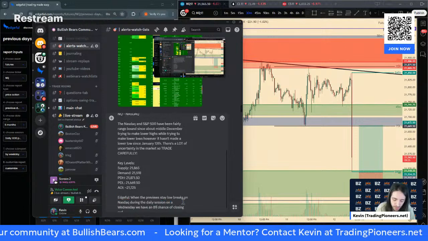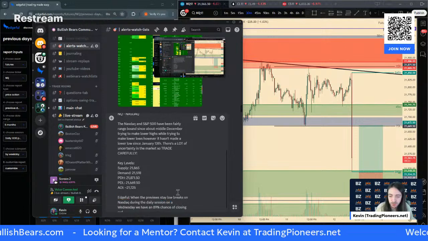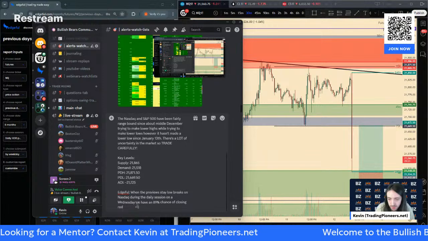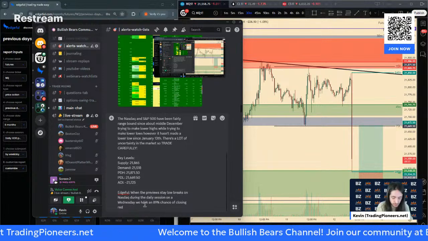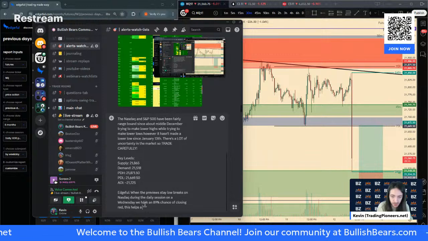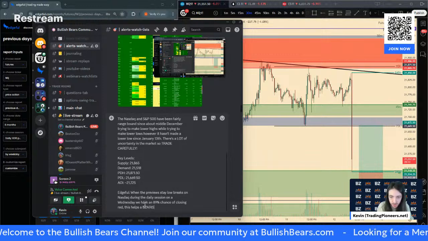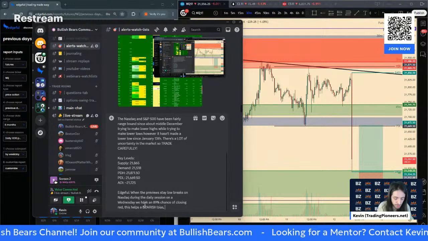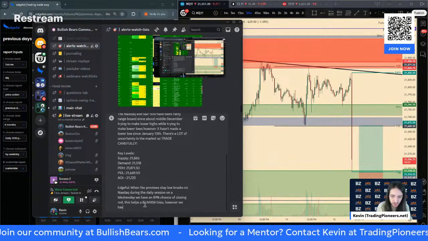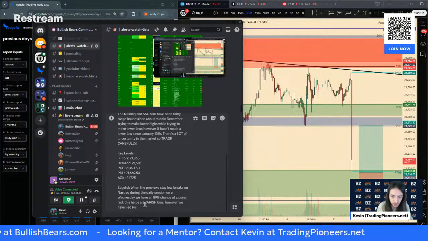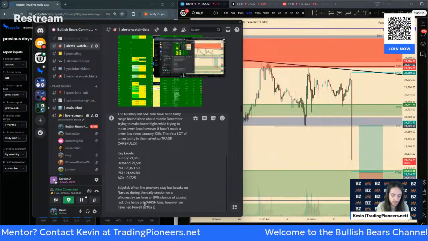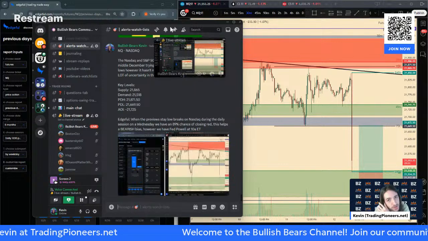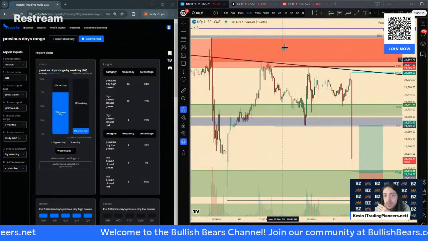Okay, all right, 89% chance of closing red. Beautiful. This helps a bearish bias. However, we have Fed Powell at 10 a.m. Eastern. All right, perfect.